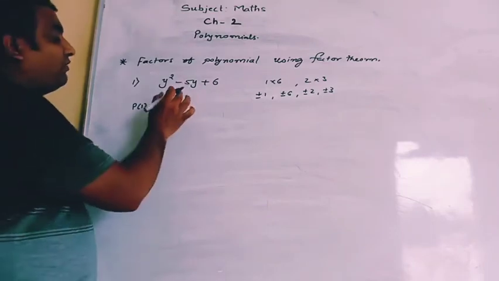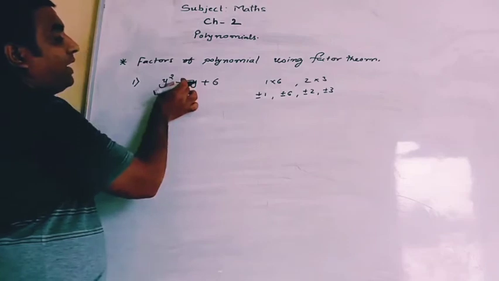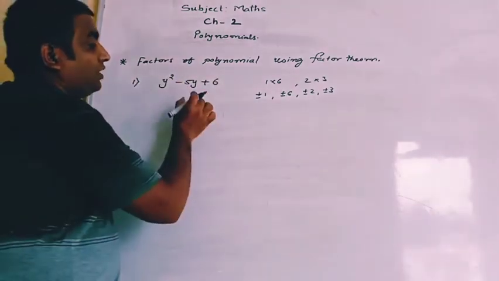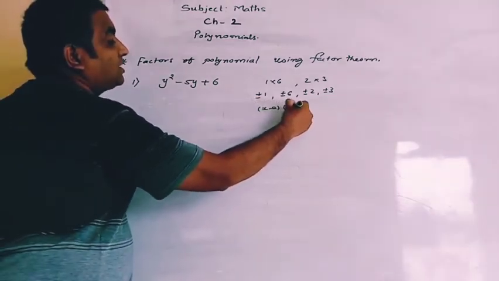Before that, you will see that minus and plus are given, which means both the factors will be negative, so x minus a, x minus b will be there.